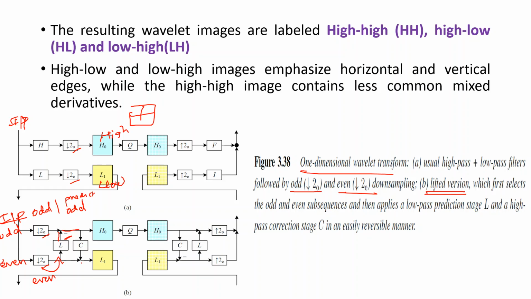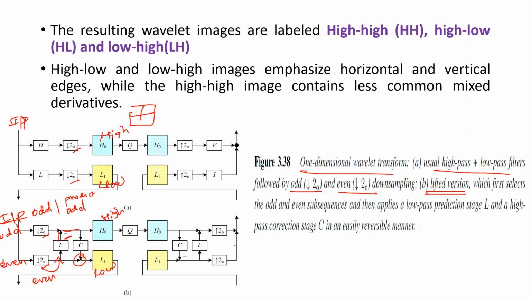Then the predicted odd is again given to the C stage to predict the even samples. Then the result of this would be L1, and the result of this would be H0. Both represent low and high frequency details, and the inverse is represented on the right side of the image. The figure here represents the usual high pass and low pass filters, but followed by odd and even downsampling.